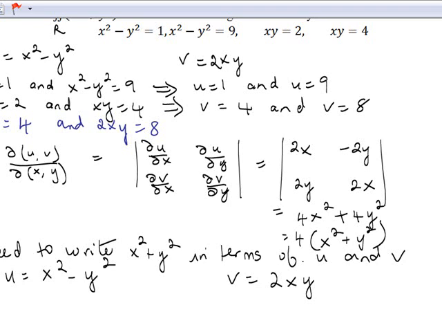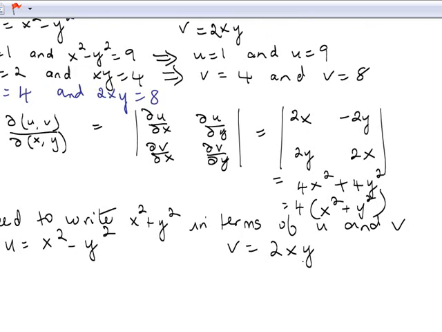I need x squared plus y squared. How can I get that from these two transformations? Any suggestions? Somebody said u squared. You're on the right track. Let's try u squared. Find u squared. What do you get?